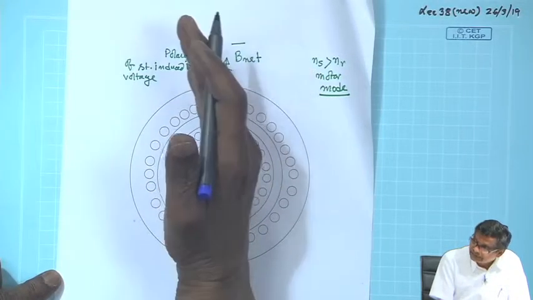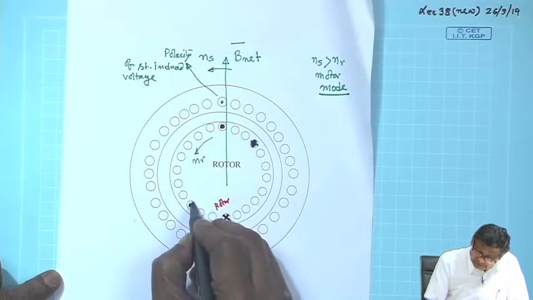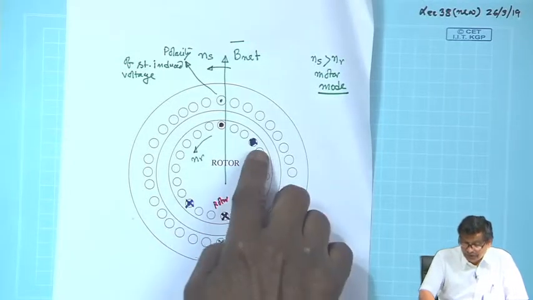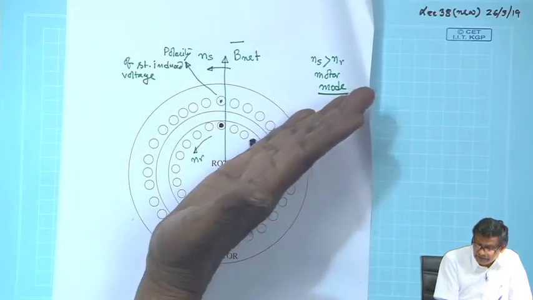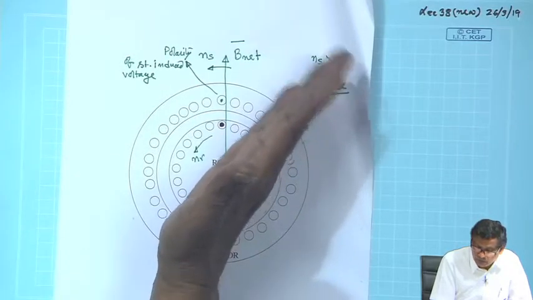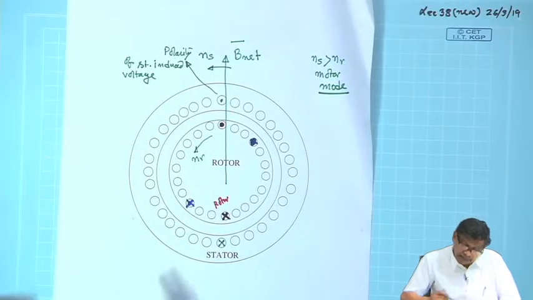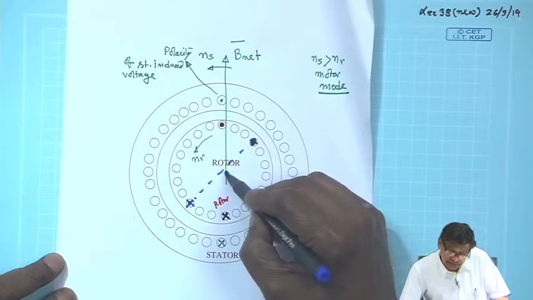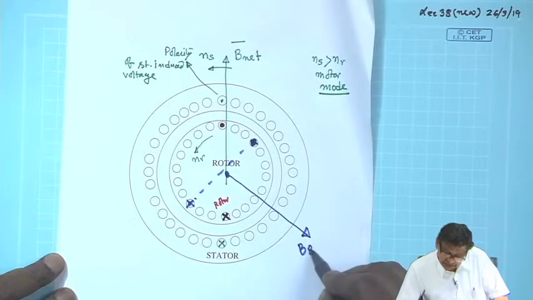After some time it has come here, it will be dot and it will be cross. Before this instant there were some conductors which had already seen B net maximum passing over them, and they will perhaps be carrying maximum current. If that be the case, then the direction of the rotor field should be somewhat like this, perpendicular to this. This will be B r.